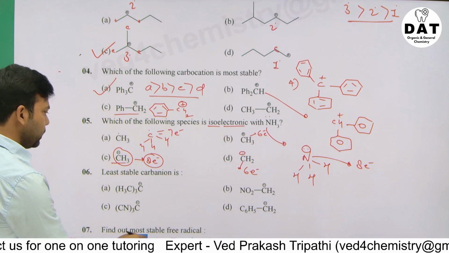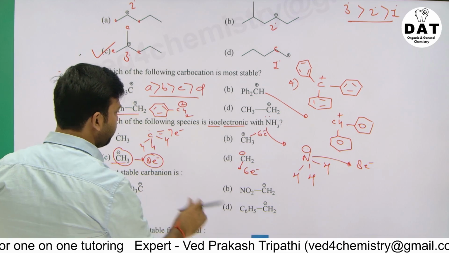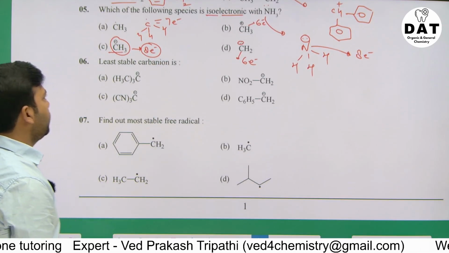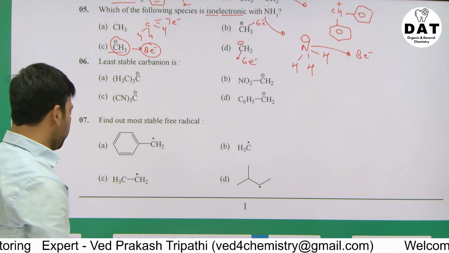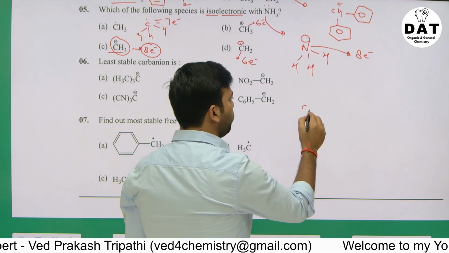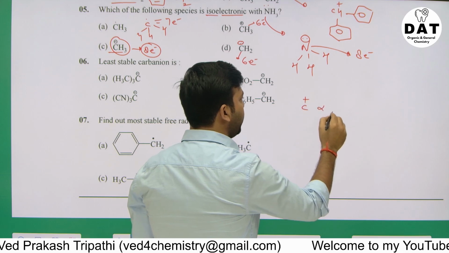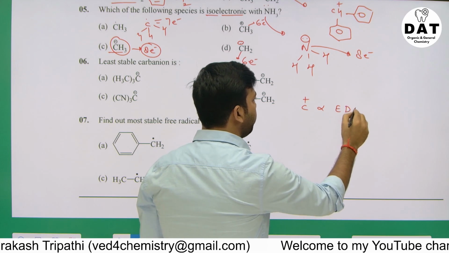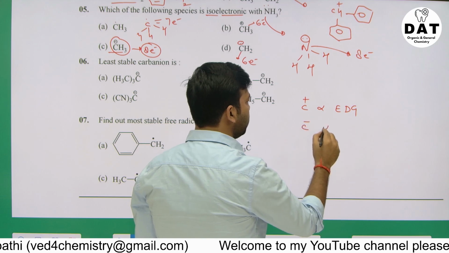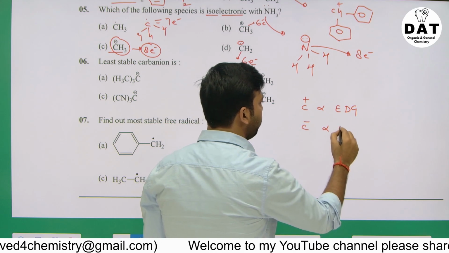Now the next is least stable carbon ion. This is a very good question. We all know carbocation is stabilized by electron donating group. Clear? And carbon ion is stabilized by electron withdrawing group.